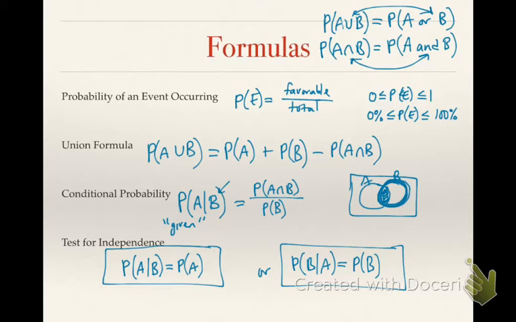Notice if I substitute in the conditional formula for the test for independence, I can actually rewrite it as this: probability of A and B over the probability of B is equal to probability of A. So some people also use this substitution to rewrite the formula so that it looks like this: probability of A times probability of B is equal to the probability of their intersection.